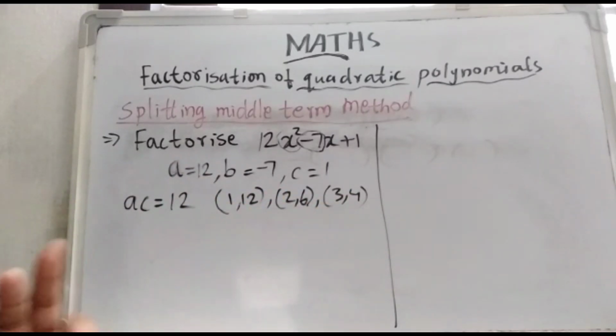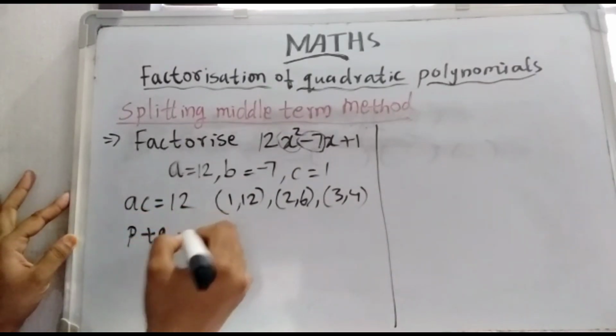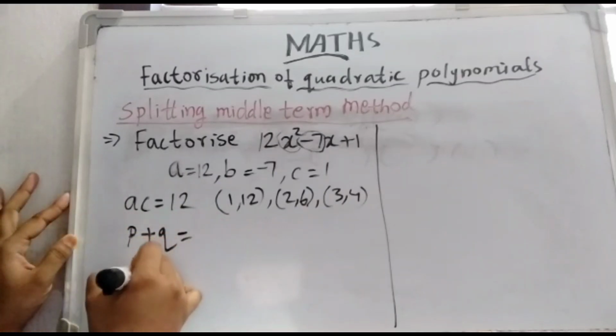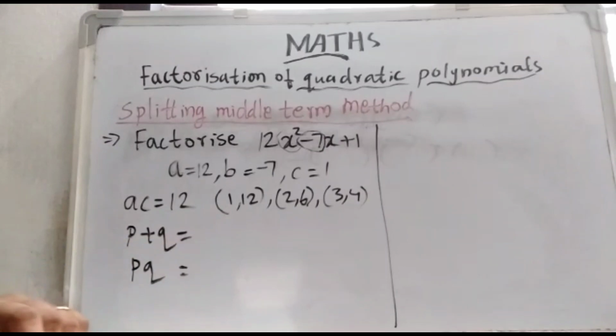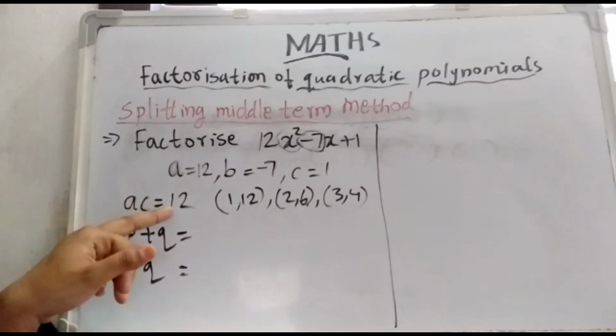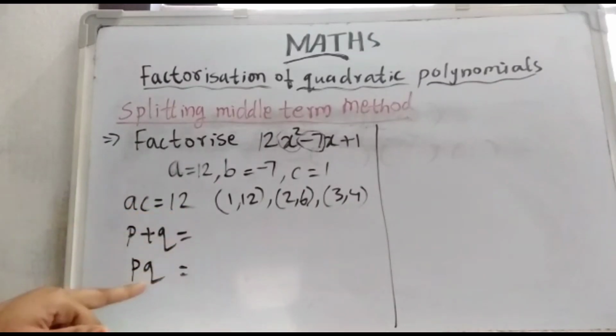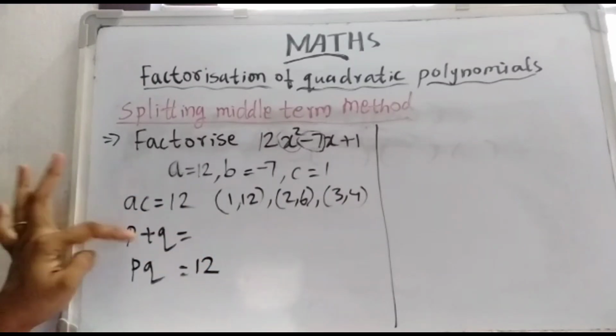We need two numbers, p and q, such that when we multiply these two numbers, we get 12, that is pq equals 12, and p plus q is what we need to find.